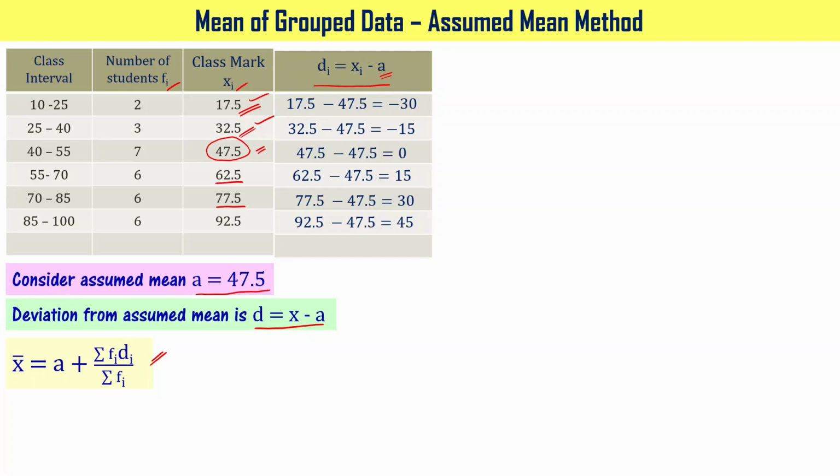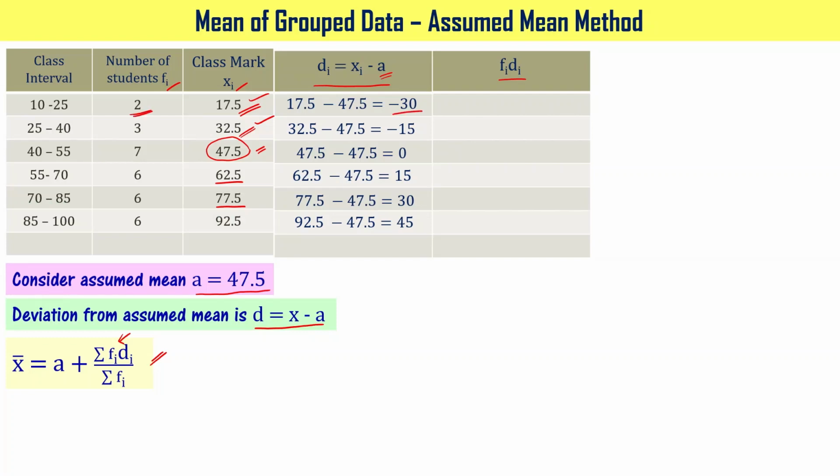What I'll be doing now is calculating the value of fi di because that is required in this formula, right? So fi di: fi is 2 for the first class and di is minus 30. So it is 2 times minus 30, that is equal to minus 60.